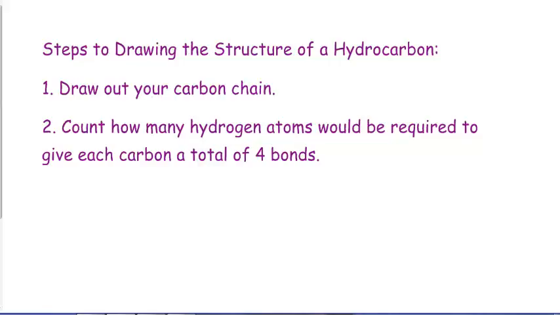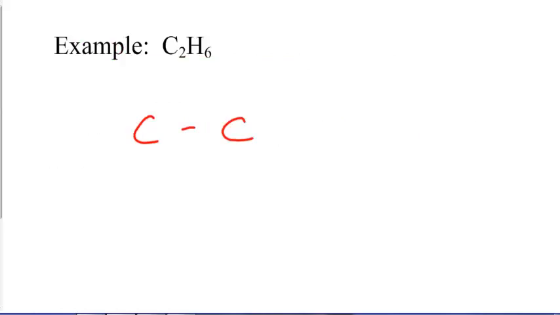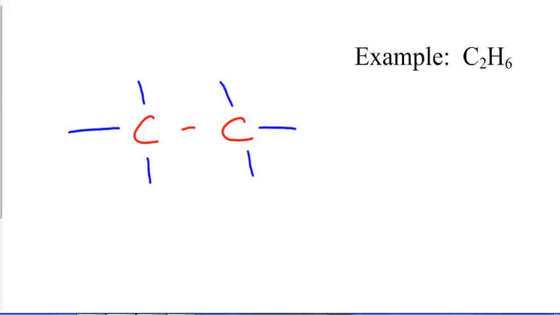After you've drawn out your carbon chain, count how many hydrogen atoms would be required to give each carbon a total of 4 bonds. So in this case, if I wanted to give each of these two carbons 4 total bonds, they each start with 1 bond. This one, now I'm adding 2, 3, 4, and the other one started with 1, 2, 3, 4.